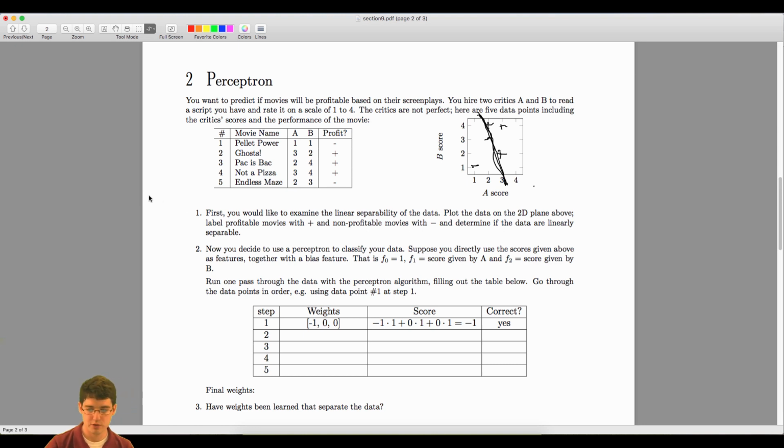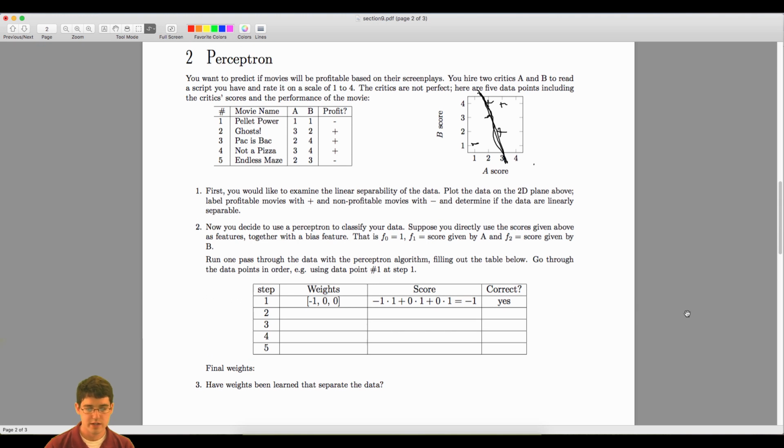Okay, so let's look at part 2. So this is actually going through and working on the Perceptron algorithm. Before we actually go through the details of the algorithm, though, I want to point out one thing, and this is talking about a bias. So our generic thing we're going to score for a Perceptron is we're going to have a vector of W, and we're going to do a dot product of W with a set of features of X. So this is a vector, features of X would be A and B, and then W is a vector.